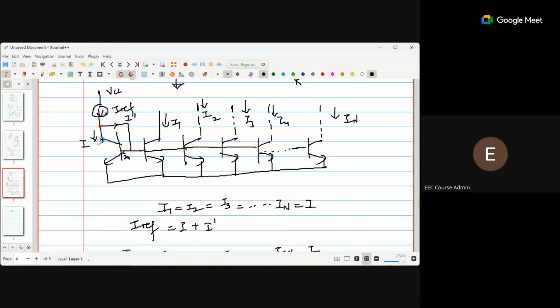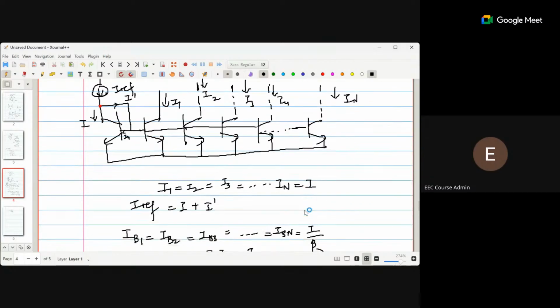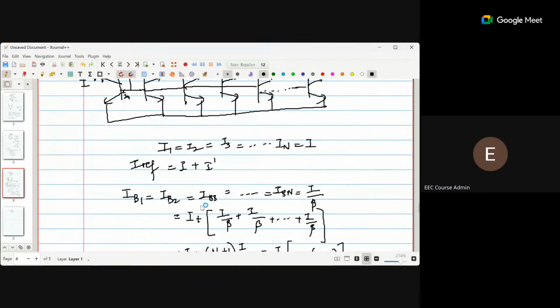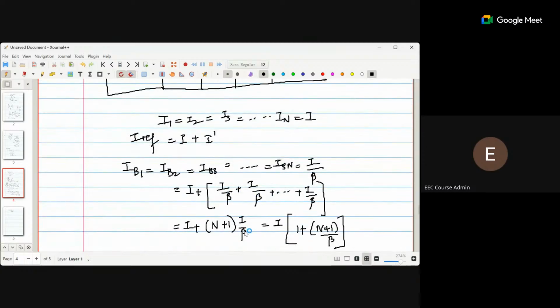So that should be equal to the reference current of the first stage, which is the collector current, so that will be the I. Here I have written I1 equal to I2 equal to IN equal to I. Then IB1 equal to IB2 equal to IB3 equal to IBN, so that will be IC by beta. IC is I, so I by beta. So I reference is equal to I plus I by beta plus I by beta plus I by beta, so what we will have is I plus n plus 1 times I by beta.